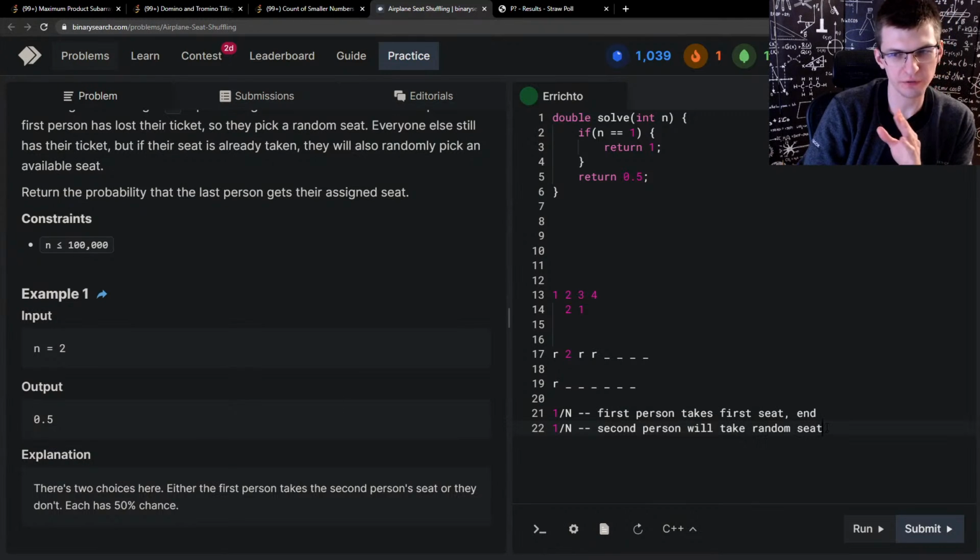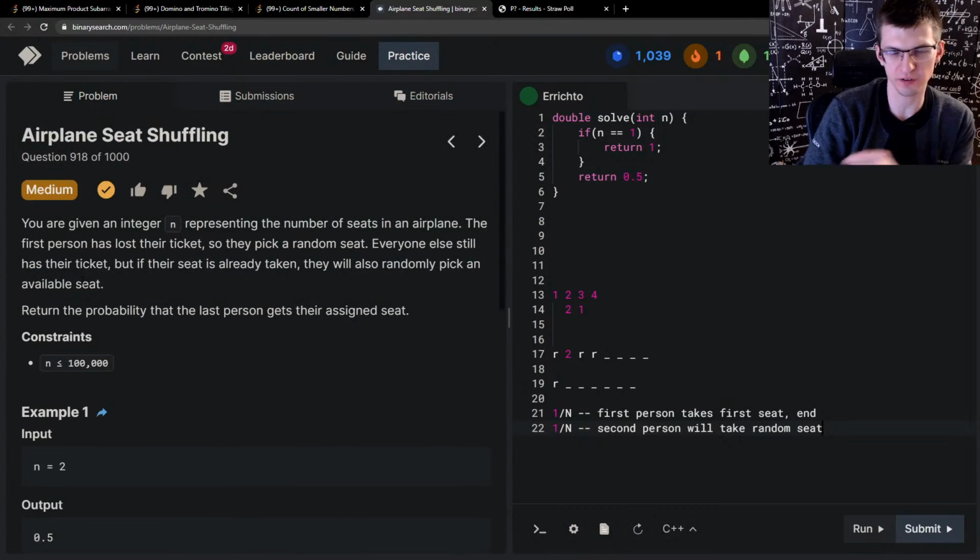I want to do it with as simple math as possible without talking about some kind of permutations. Permutations are a very complicated topic in math. There are so many things you can do to count them.